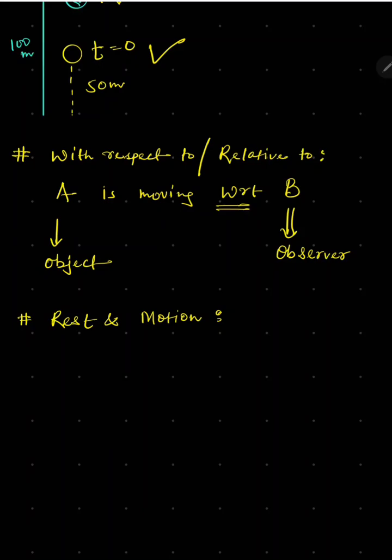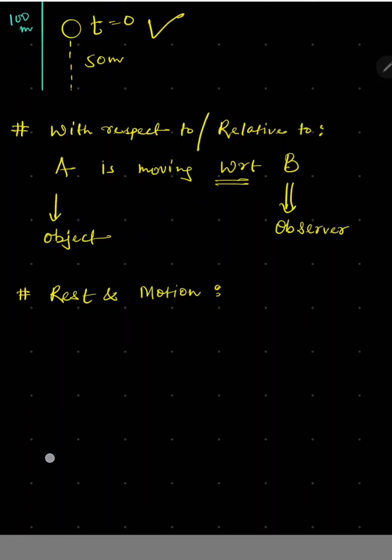If someone is moving with respect to something, it means that its position or orientation is changing with respect to that particular observer. In that case we will say that something is in motion, while that same body, with respect to another observer, may be at rest.